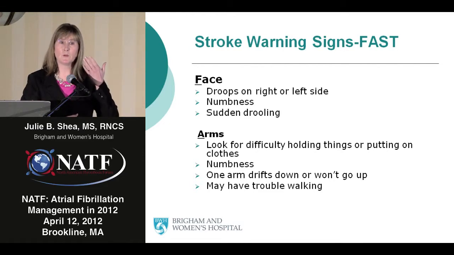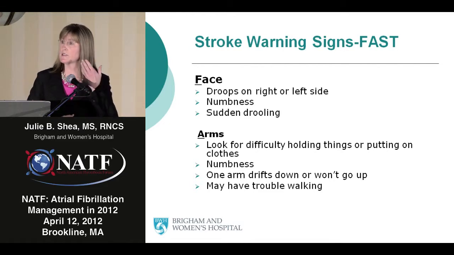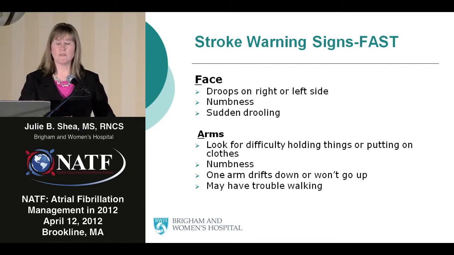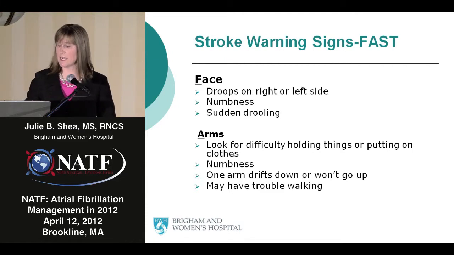People are pretty familiar with the facial droop, but other things such as numbness in the face or drooling from one side. The arms, where you can have sudden numbness or even paralysis on one side of the body. Patient may have trouble walking. So these are warning signs that you should be aware of. So that's the FA part of FAST.